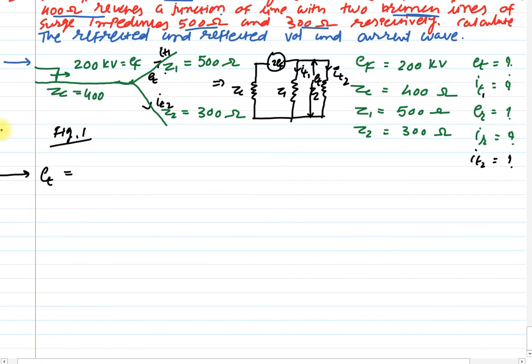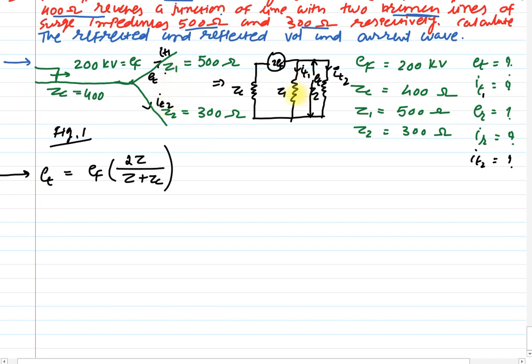So I can write over here ET is equal to EF into bracket 2Z divided by Z plus ZC. Clear? But now here instead of this Z, we have two different impedances, Z1 and Z2.